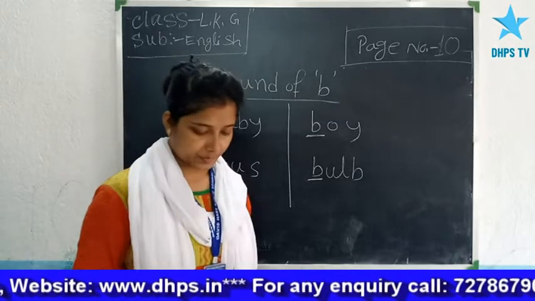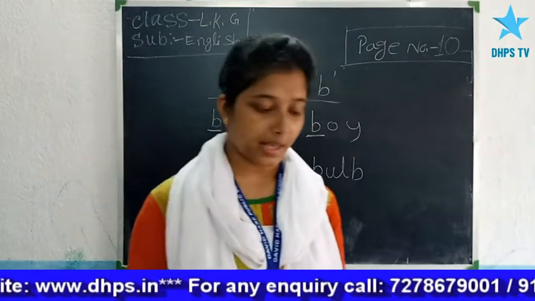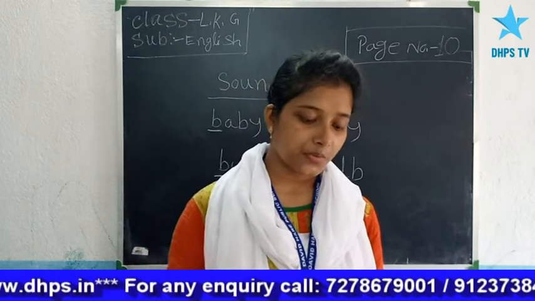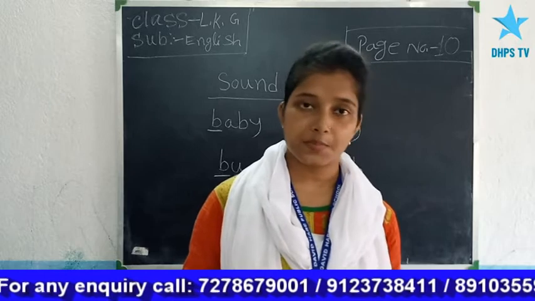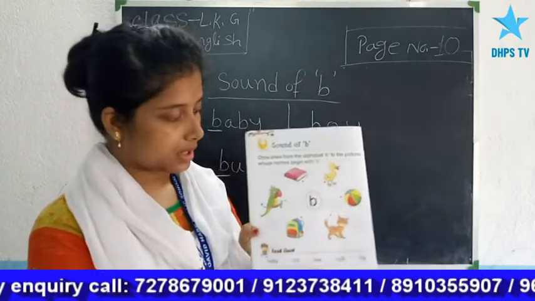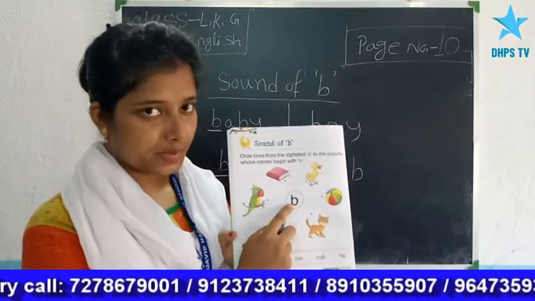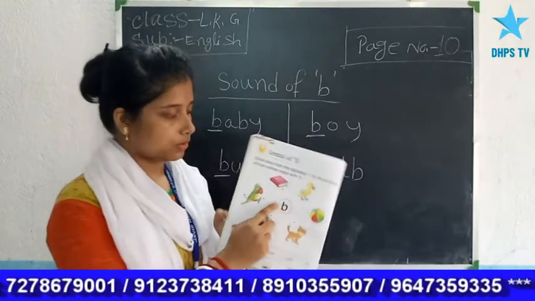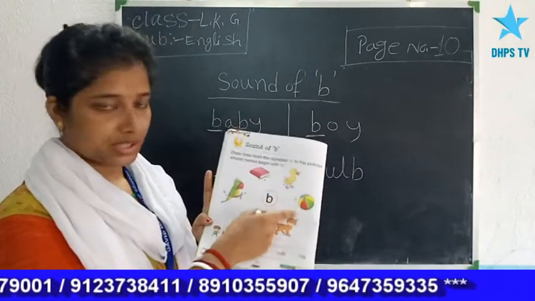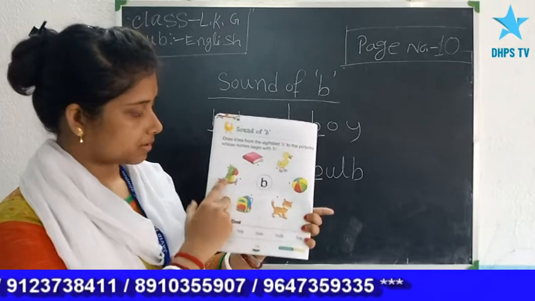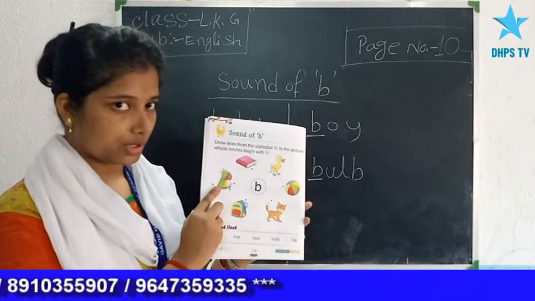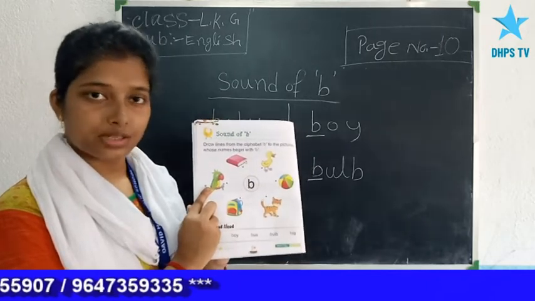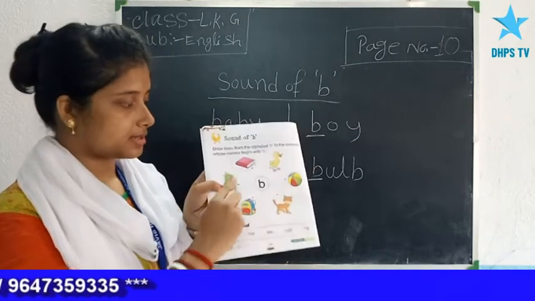And now see the task of page number 10. Draw lines from the alphabet B to the pictures whose names begin with B. See, in the middle a letter B is written. Now see all the pictures properly. What is this? This is a parrot, and parrot does not start with B. Next, what is this?